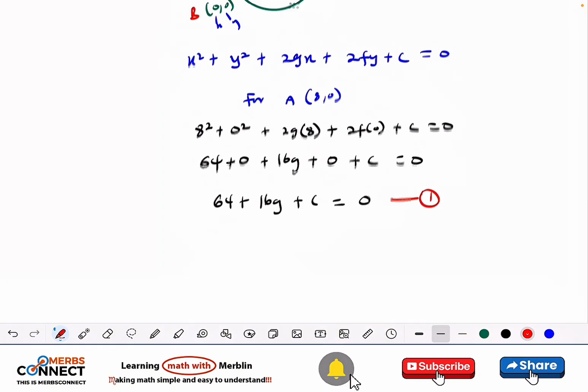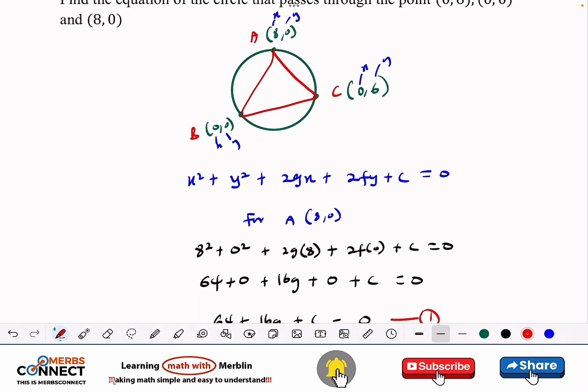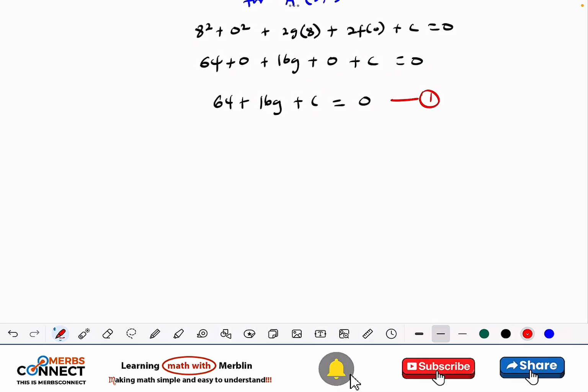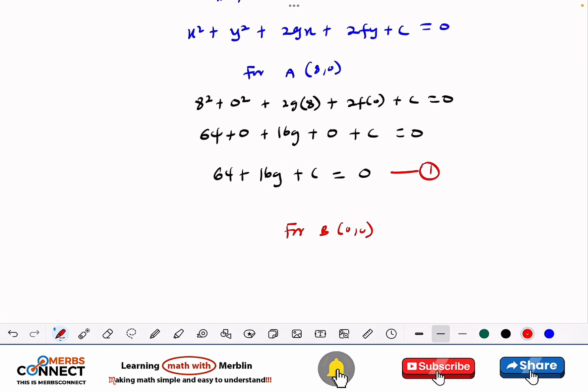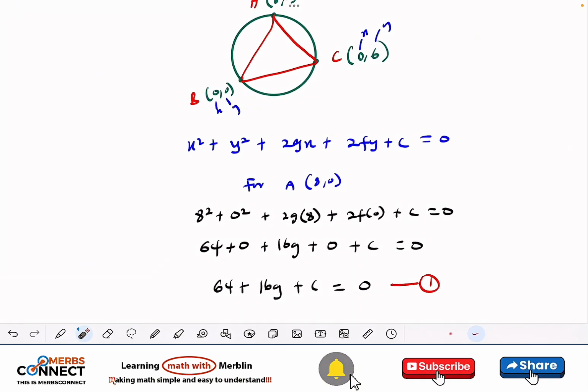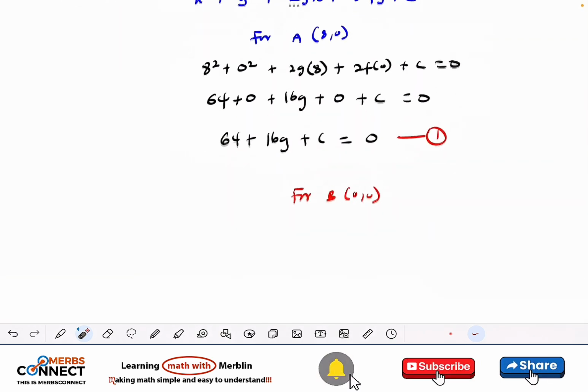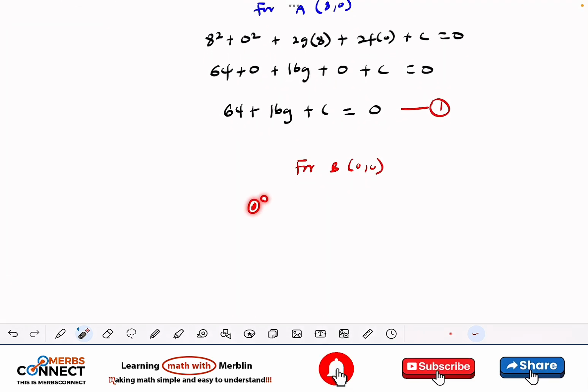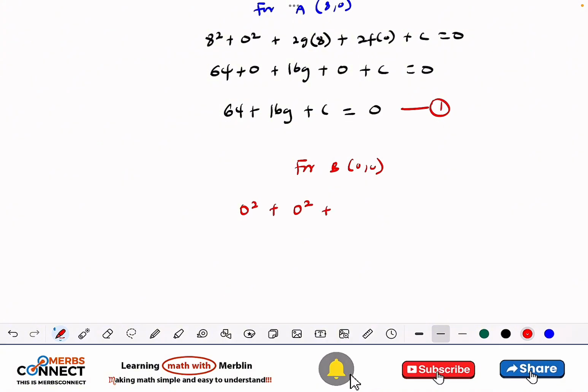Good. So let's go for B. B is 0, 0. So for B, let's plug in 0 wherever you see x and y. Wow, this is going to be so fast. Oh, I should have picked a question that is going to demand a lot from us in the calculation.